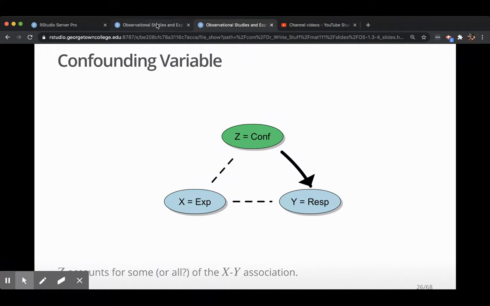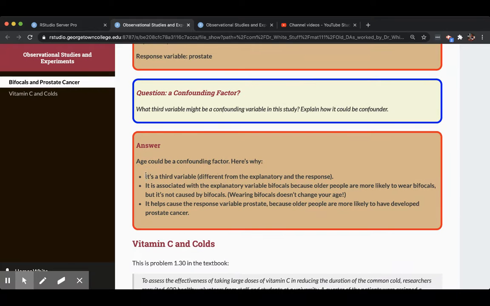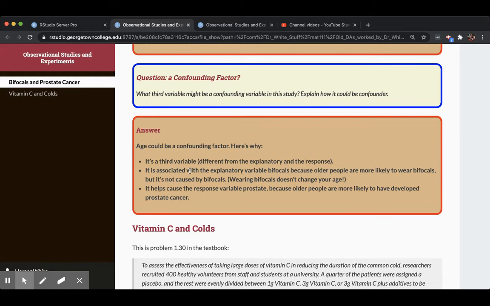Back to the solutions. Well, I point out that it's a third variable different from the explanatory and the response. I probably didn't need to do that. It's obvious to most people that age is different from the prostate variable and different from the bifocals variable. But I do really need to address how it's associated with the explanatory variable.